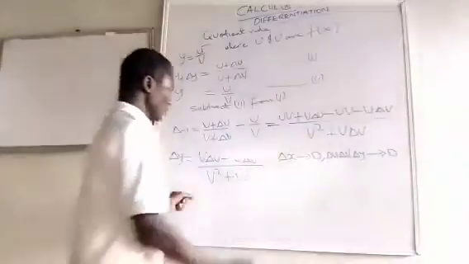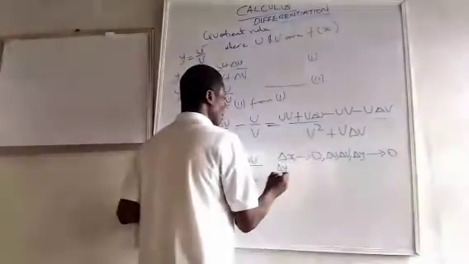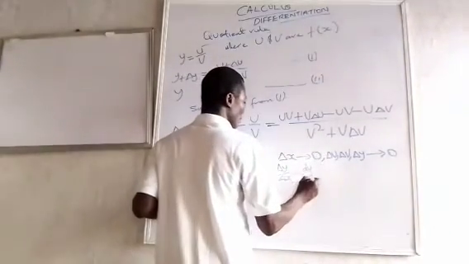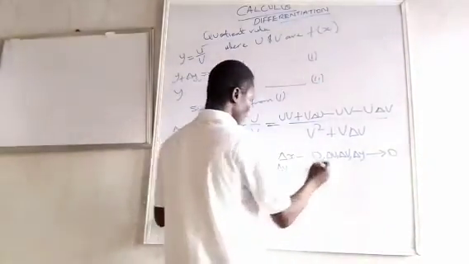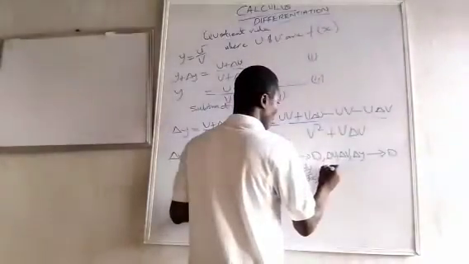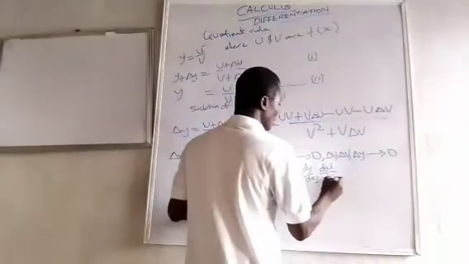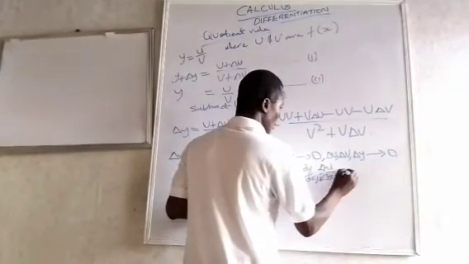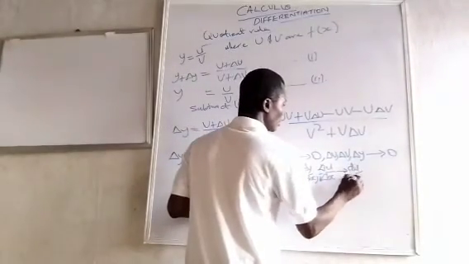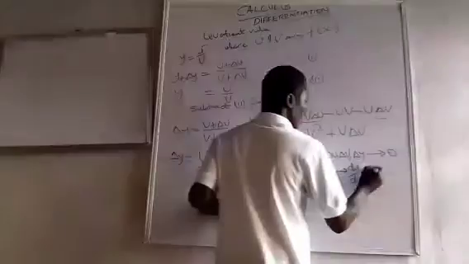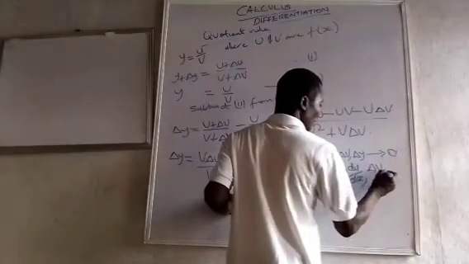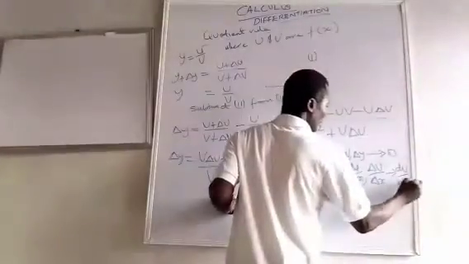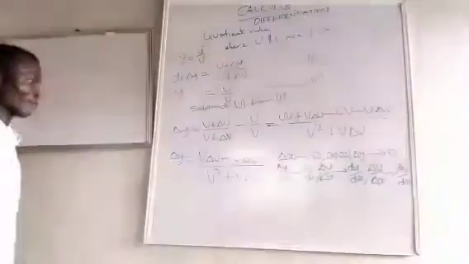At the same time, delta Y over delta X will tend to dy dx, delta U over delta X tends to du dx, and delta V over delta X tends to dv dx. You can see, very simple.